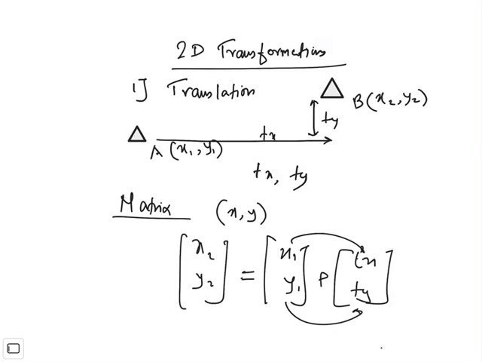Now the entire thing is represented in terms of the points, that is the final point P2 equals P1 plus the translation matrix. So we can call it P2 equals P1 plus T.